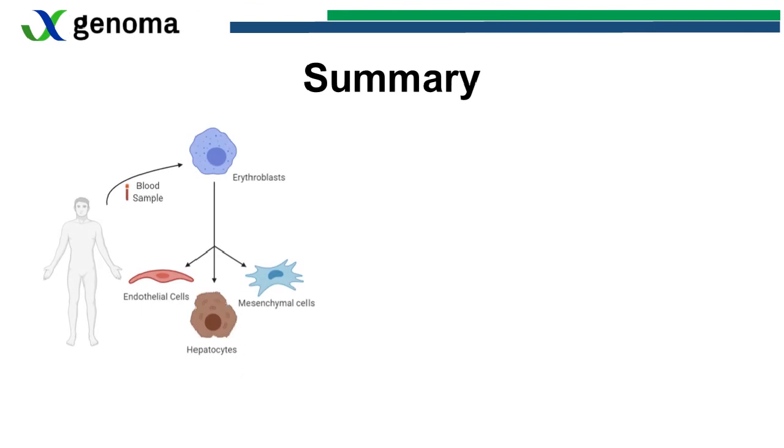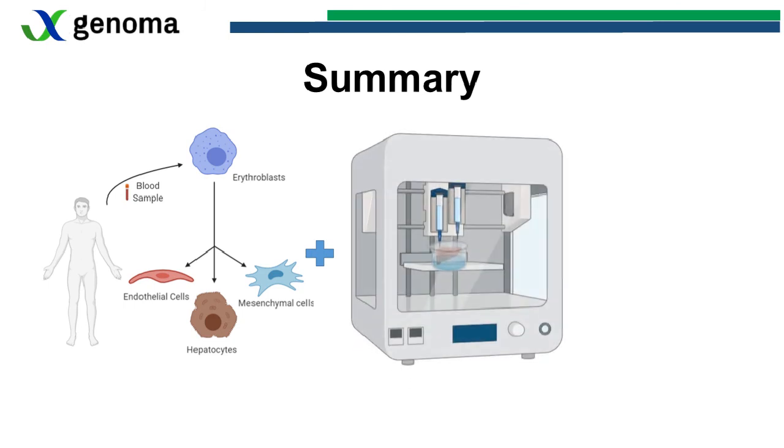So in summary, we established a multi-differentiation process from the same patient using simple blood sample collection. We combine that with a modern 3D bioprinting process, and then we generate a more mature, stable liver tissue that could one day be used as a graft for organ transplantation replacement.